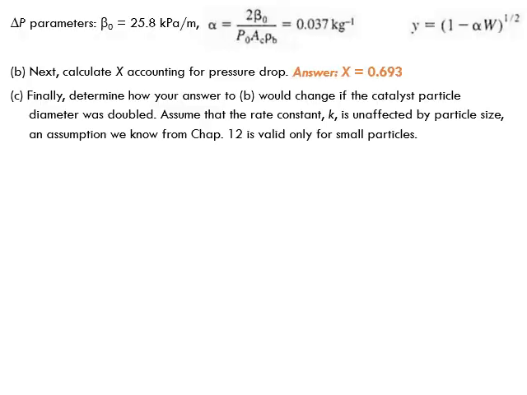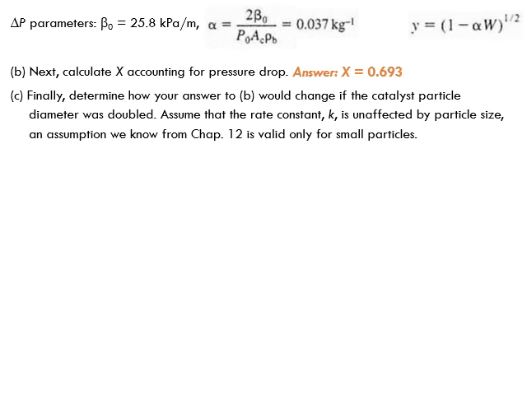Okay, now let's discuss the final requirement. That is, determine how your answer to B would change if the catalyst particle diameter was doubled. So what happens if dP was doubled? Assume that the rate constant k is unaffected by particle size, an assumption we know from chapter 12 is valid only for small particles.